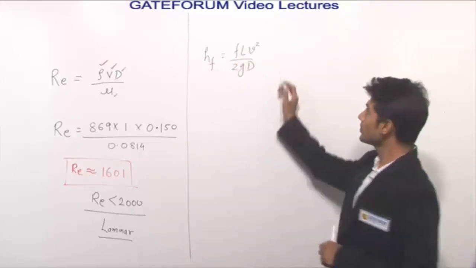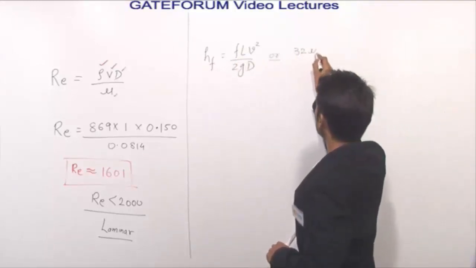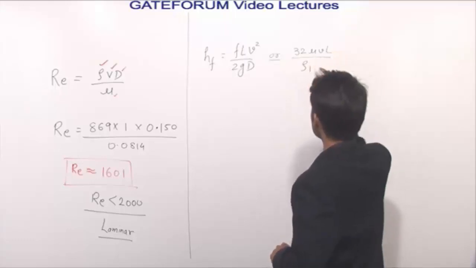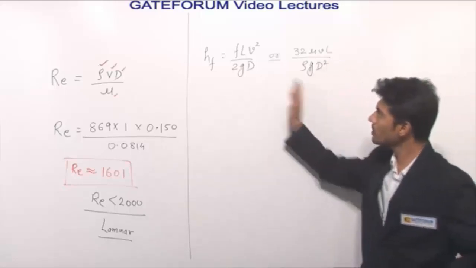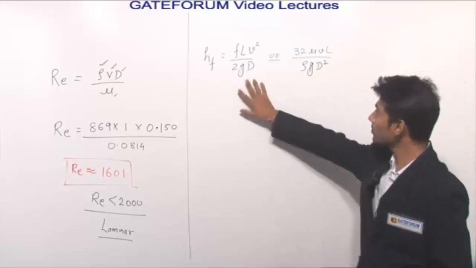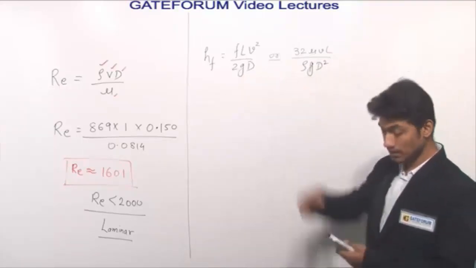So we do have another formula, that is 32 mu VL upon rho G D square. Both formulas are the same for laminar flow. So for laminar flow we can calculate friction loss by this formula or this formula.